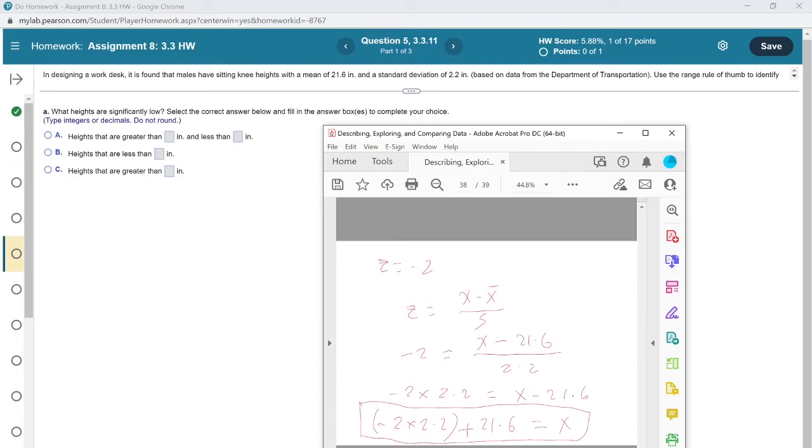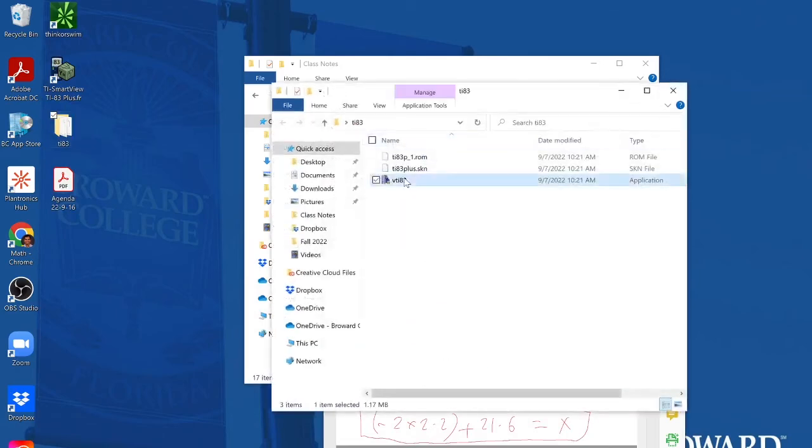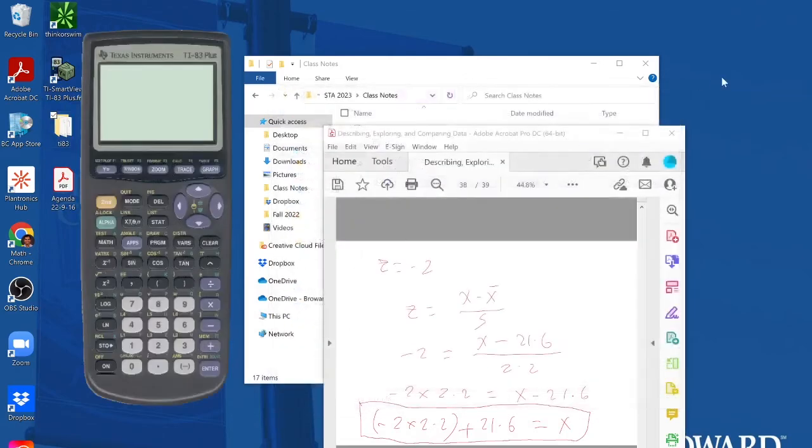To calculate this, I'm going to use my calculator here. I'm going to calculate 21.6 plus, in parentheses, negative 2 times 2.2.